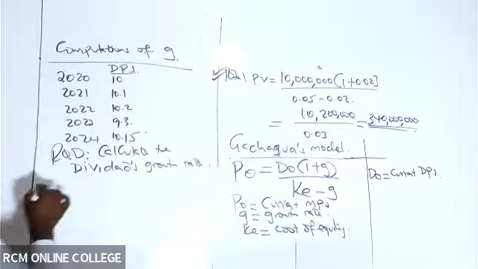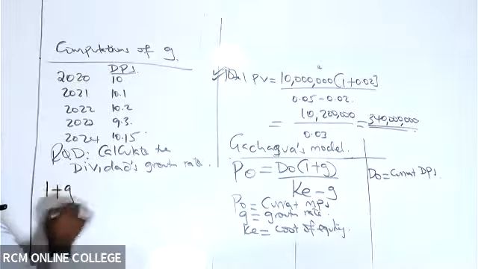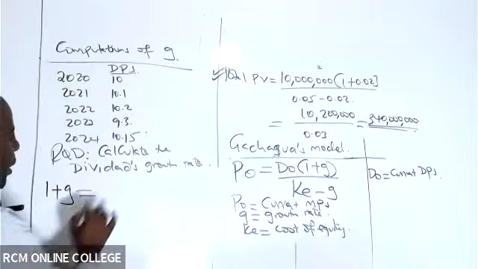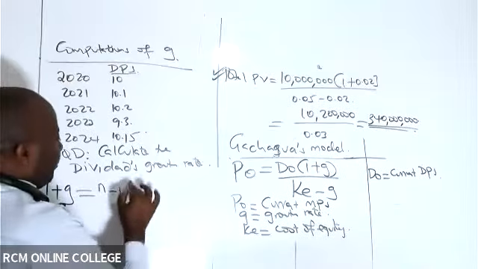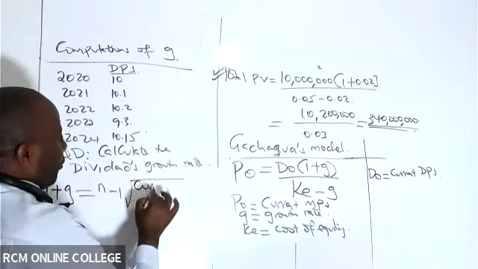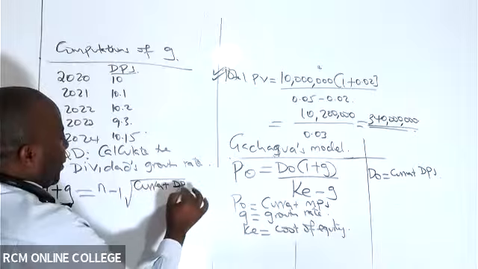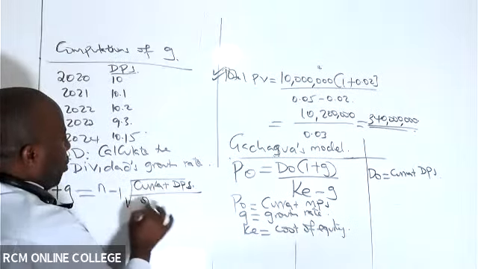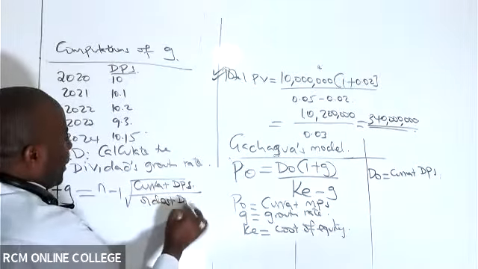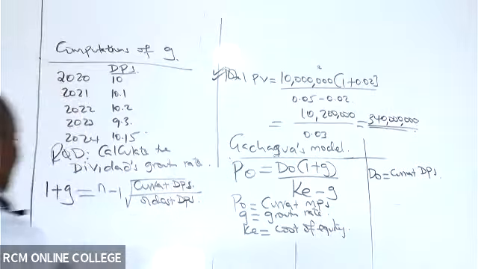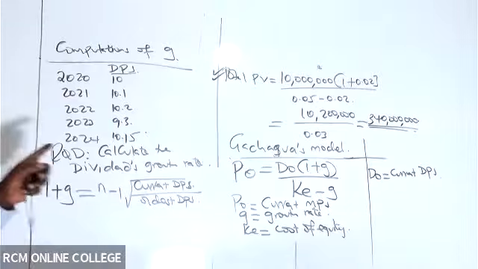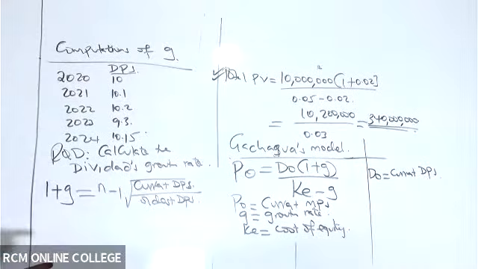What we shall do, we shall talk of 1 plus G equals N minus 1 root of current DPS over oldest DPS. Please, DPS stands for dividends per share. You can write that in full somewhere.